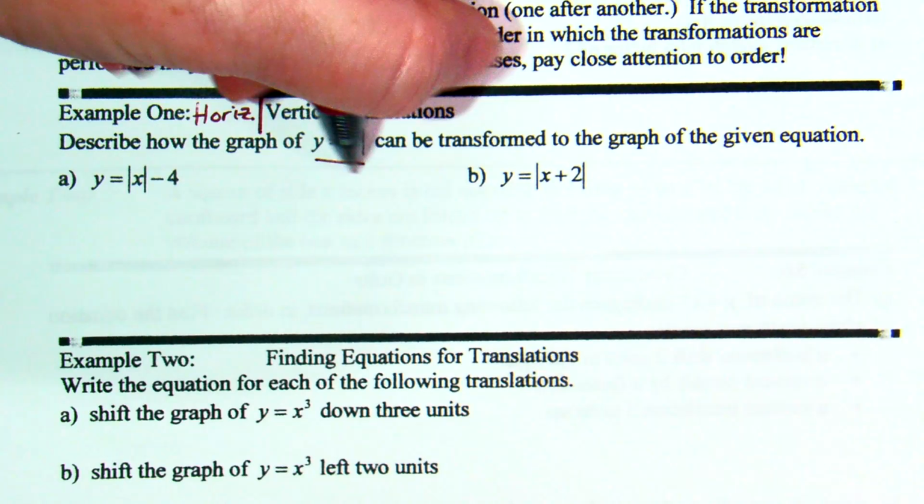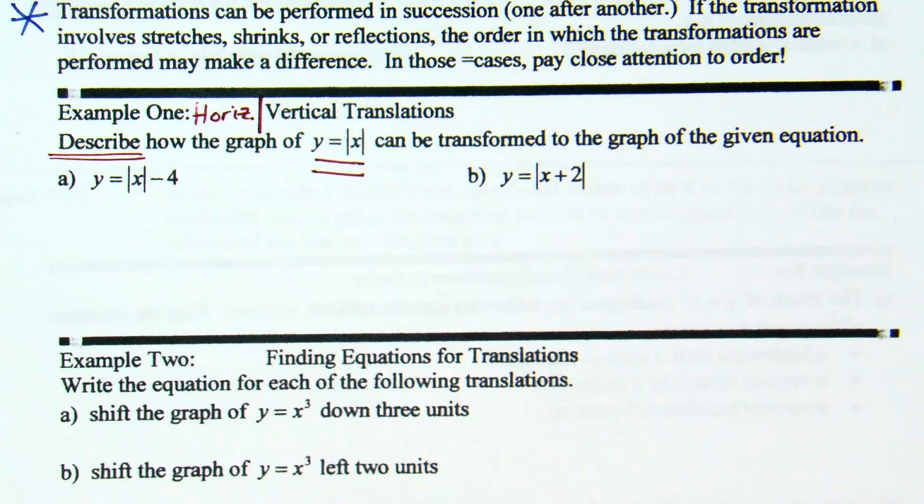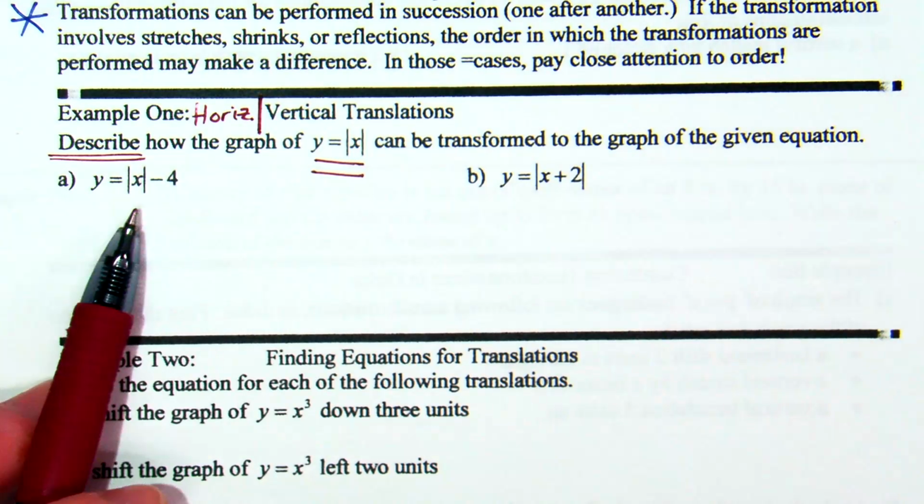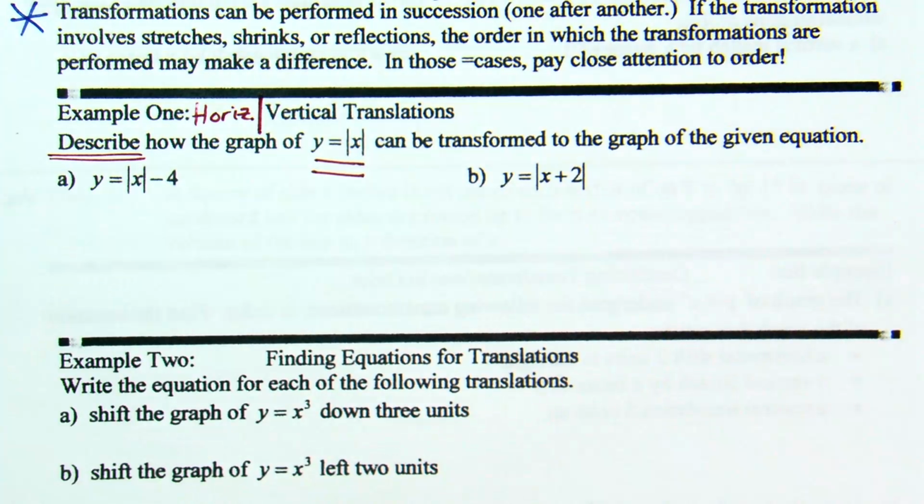Thoughts on y equals absolute value of x minus 4? And we're being asked to describe. Yes, Carolyn? Okay. Since that minus 4 is outside the absolute value, it's the up or down with the direction of the sign, so this is going to be a down 4.